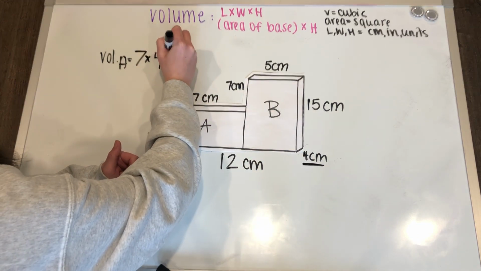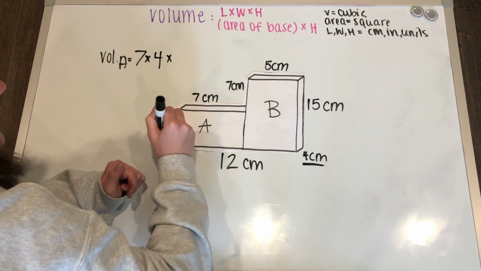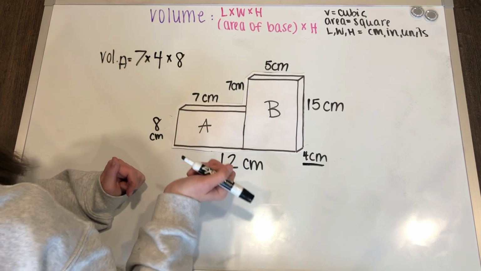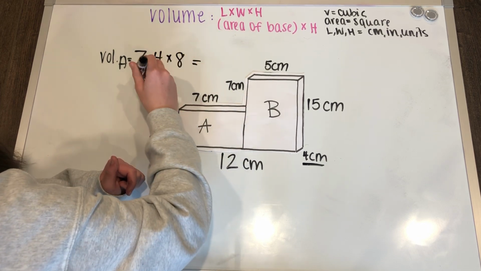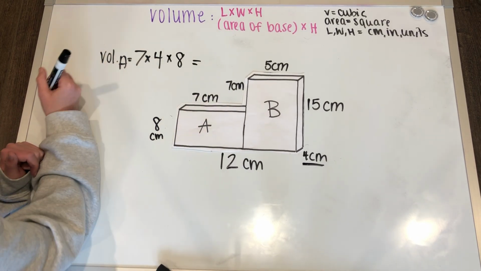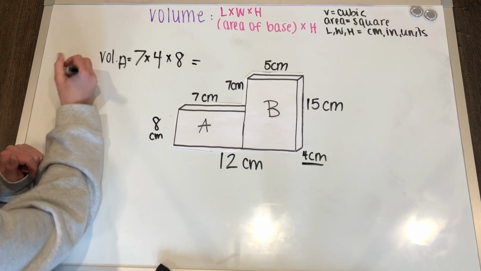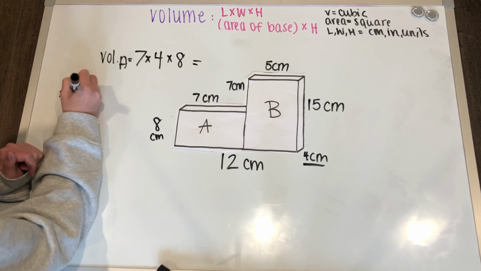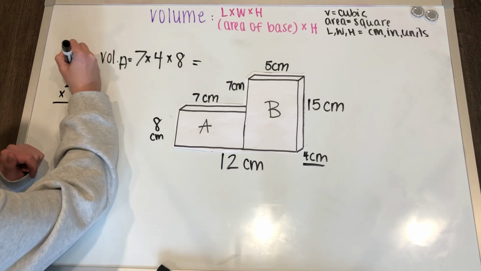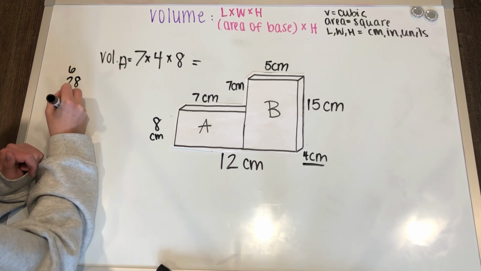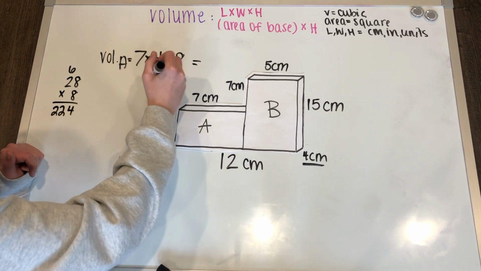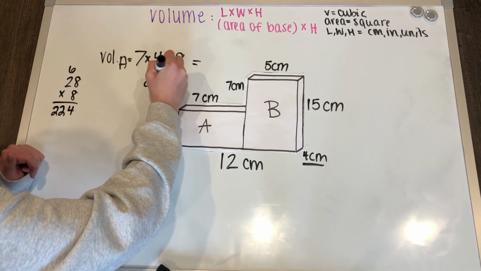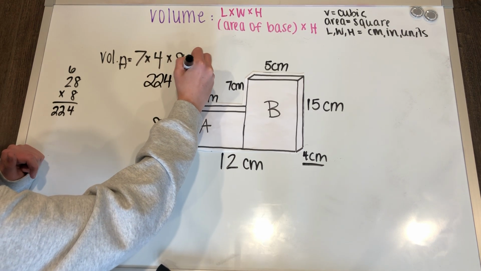So the width must be 4. And then the height here is 8. So now we just do 7 times 4, which is 28, times 8. So the volume for prism A is 224 cubic centimeters.